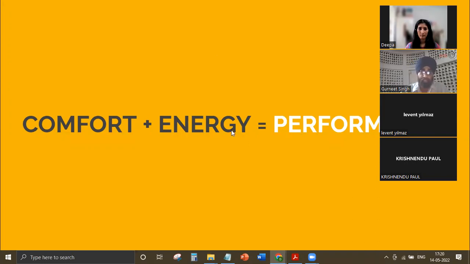If we are able to achieve both, that is equivalent to performance. You can't say that your building is performing well on only one parameter like energy or comfort. You need to take both of these together.